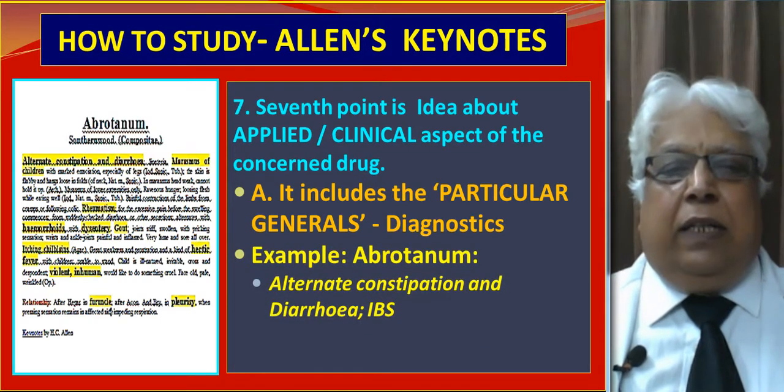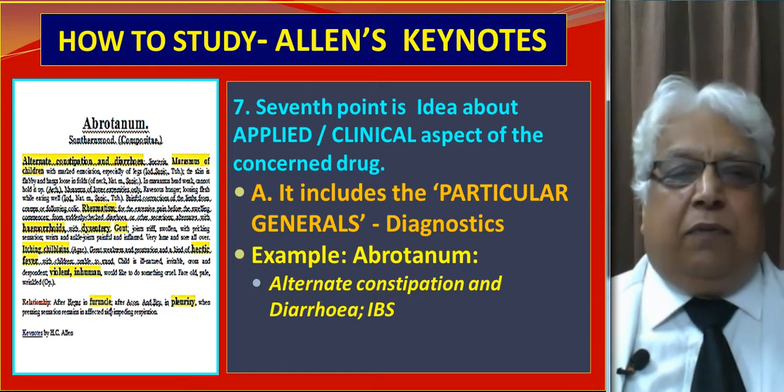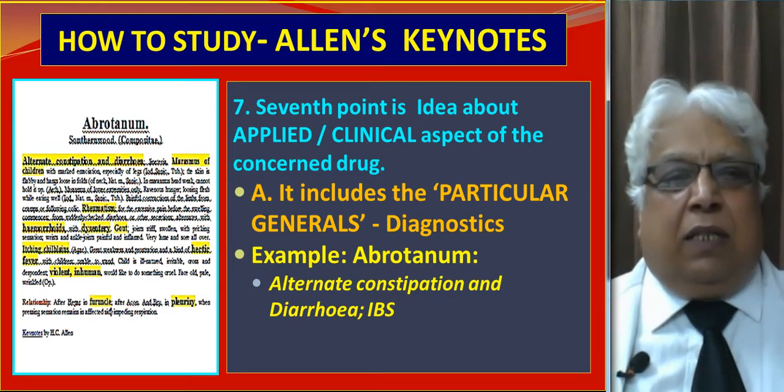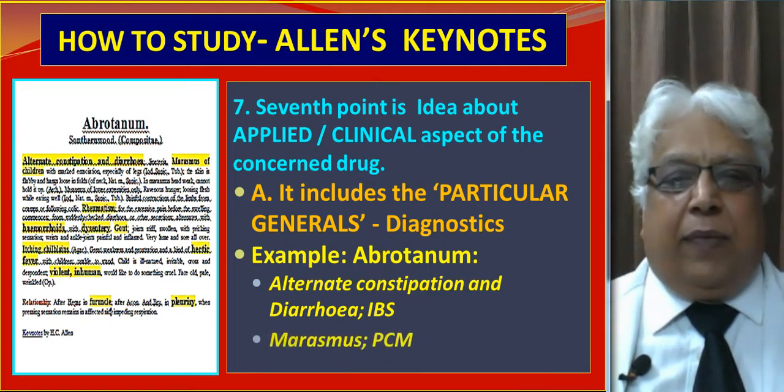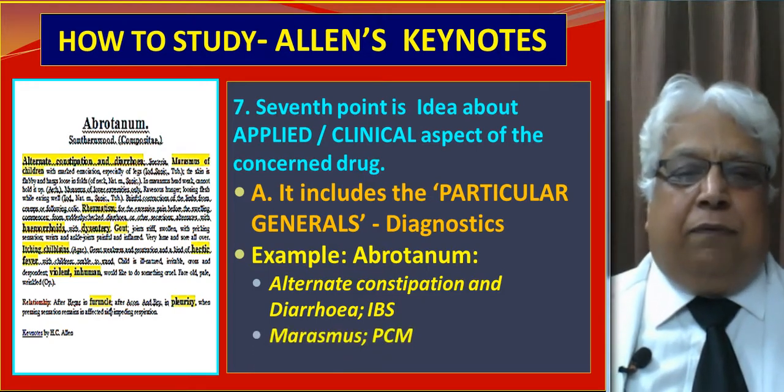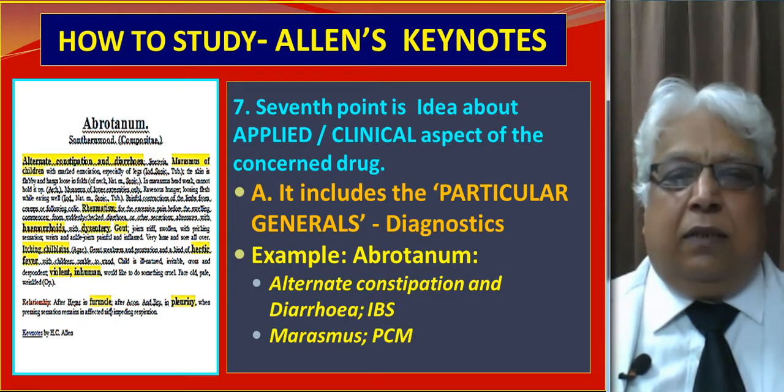For alternate constipation and diarrhea, we believe the current common consideration of diagnostics, you will find, is irritable bowel syndrome. Marasmus, you have to refer to protein calorie malnutrition.